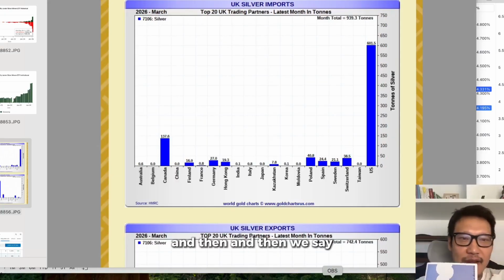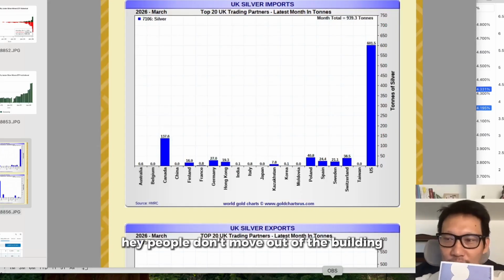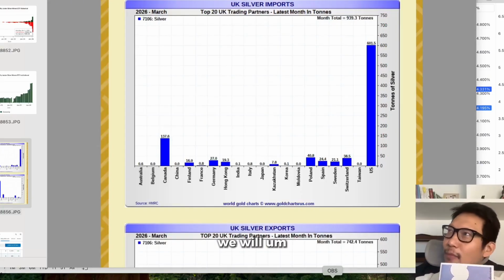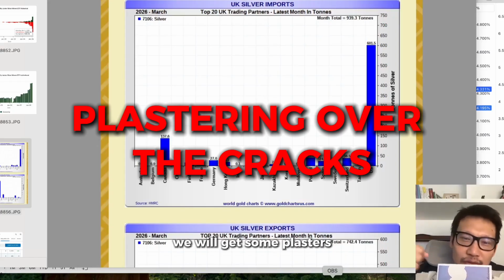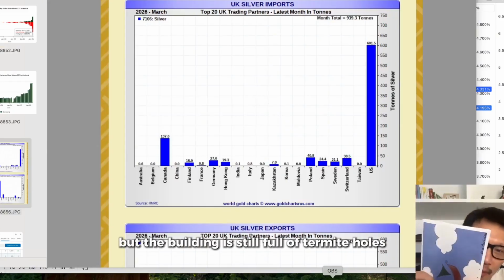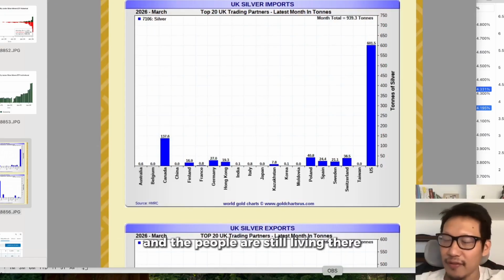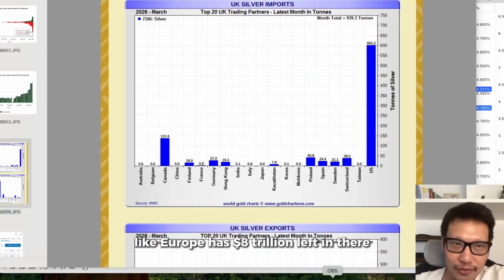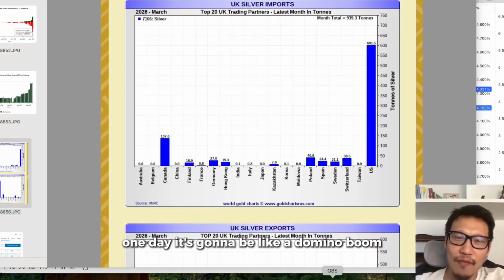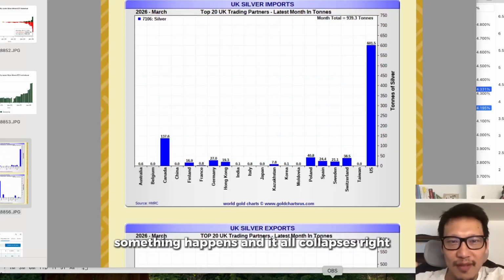And then we say, hey, people, don't move out of the building. Don't make us look bad. We will get some workers in there and plaster over the walls so you can't see the termite holes. But the building is still full of termite holes. It's still teetering. And the people are still living there. Like Europe has $8 trillion left in there. And we know how this goes. One day it's going to be like a domino, boom, something happens and it all collapses, right?